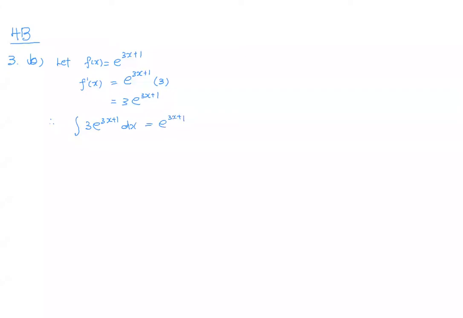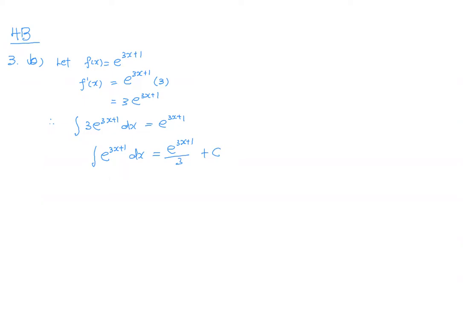So now they just want 1 without the 3. So the whole equation you divide by 3. So you have e to the power 3x plus 1 divided by 3. Then you put a plus c at the end. Are you okay?